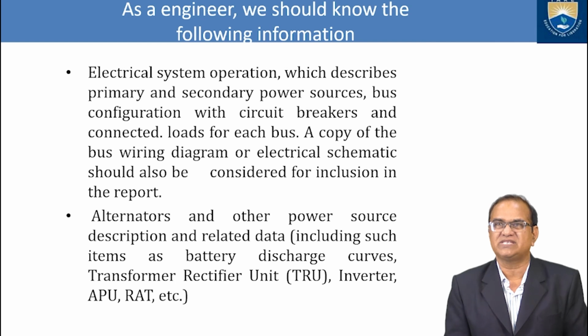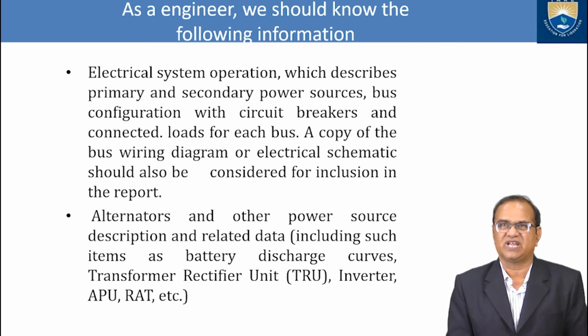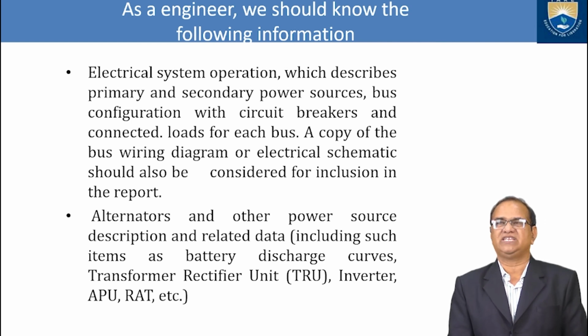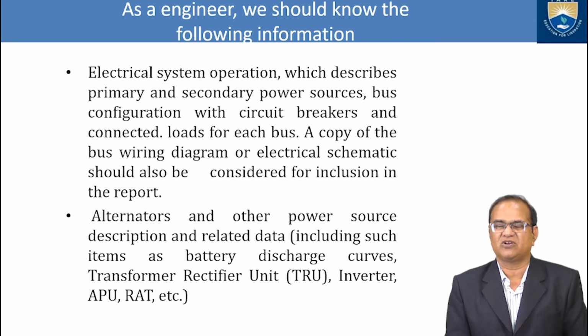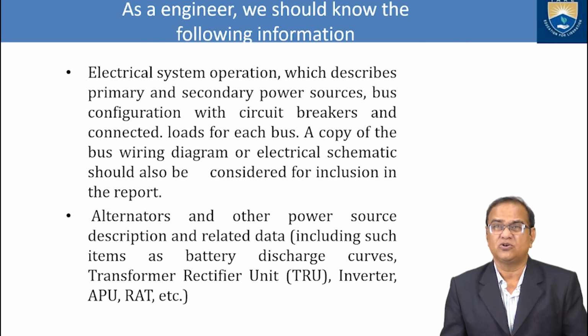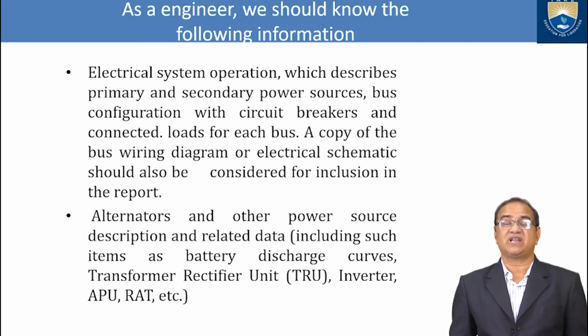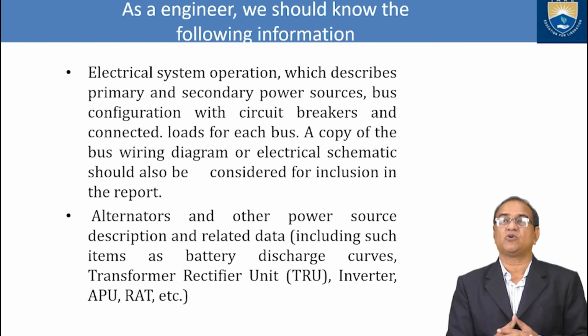Electrical system operations, which describe primary and secondary power sources, bus configuration with circuit breakers and connected loads for each bus. A copy of the bus wiring diagram or electrical schematic should also be considered for inclusion in the report. So what should engineers know? Electrical system operation, which describes the primary and secondary power sources.